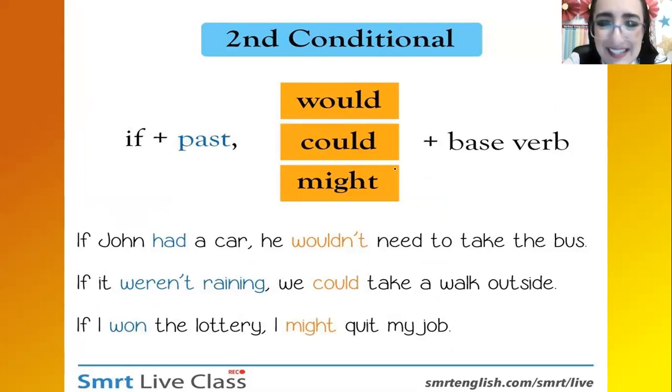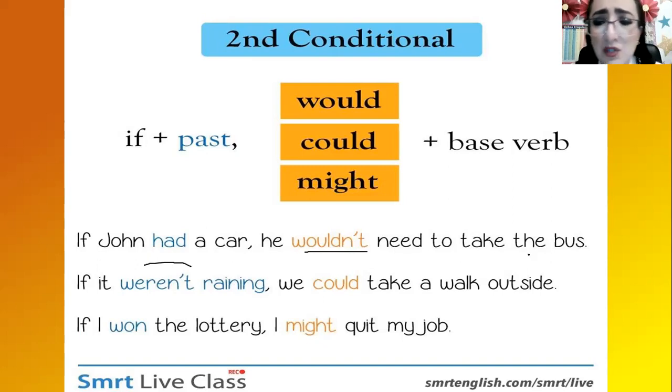That's great. So let's continue with some examples that I have here. If John had, remember, my verb has to be in past. If John had a car, he wouldn't need to take the bus. Negatives? Yes, as we were saying, negative or affirmative.